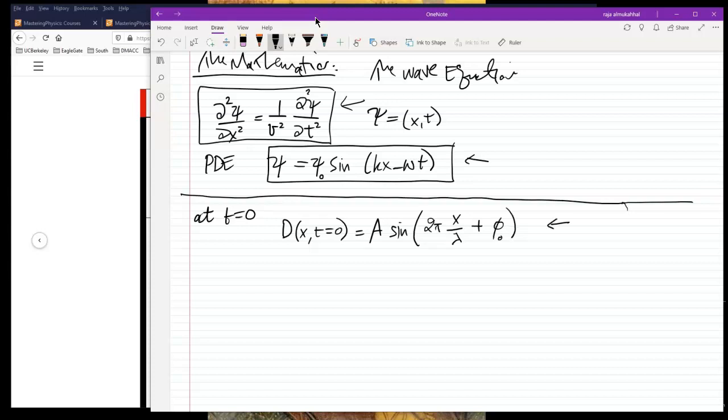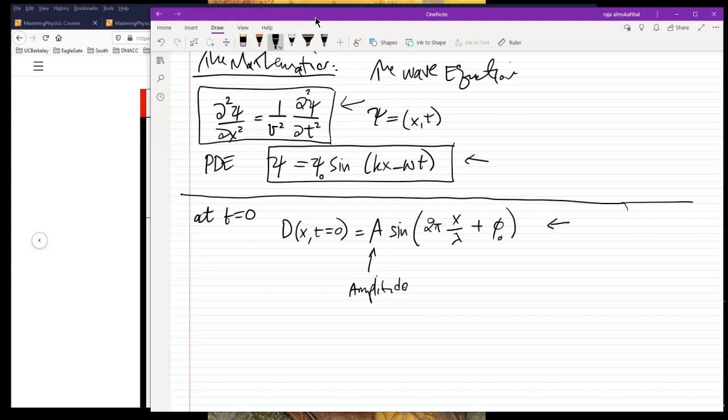If you ask where this came from, again, it came from the solution to the partial differential equation, and this is not covered in our book. A here is the amplitude. As a matter of fact, every time you look at a wave equation, the coefficient of the sine or cosine is always the amplitude, no matter how complicated it is. If it's on the left side of the sine, that's basically the amplitude, the height of the wave.